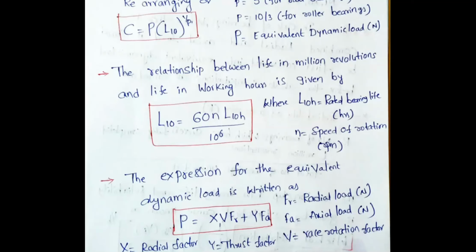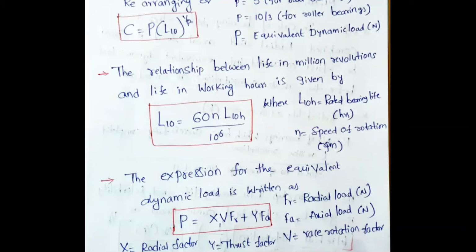So this is the actual thing, but those X and Y values you have to consider from your data book, right? That is the point. X and Y values, very, very important. Without knowing the X and Y values, we are not supposed to solve your problems.